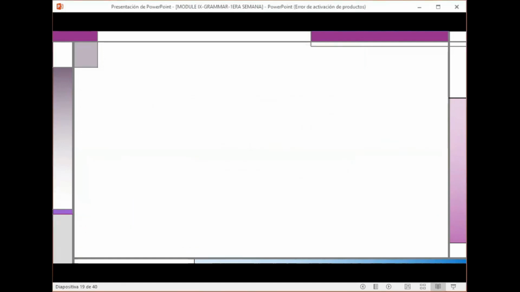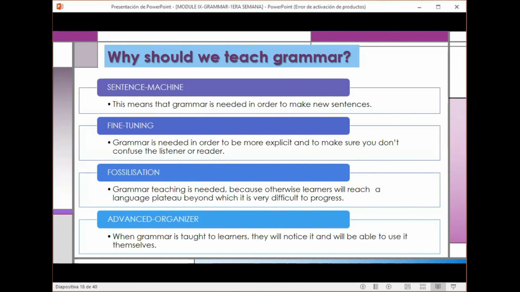Why should we teach grammar? Remember, in order to make new sentences, and to be more explicit, not to confuse the listener or the reader, our learners would improve their management of the language, without a lot of fossilization.